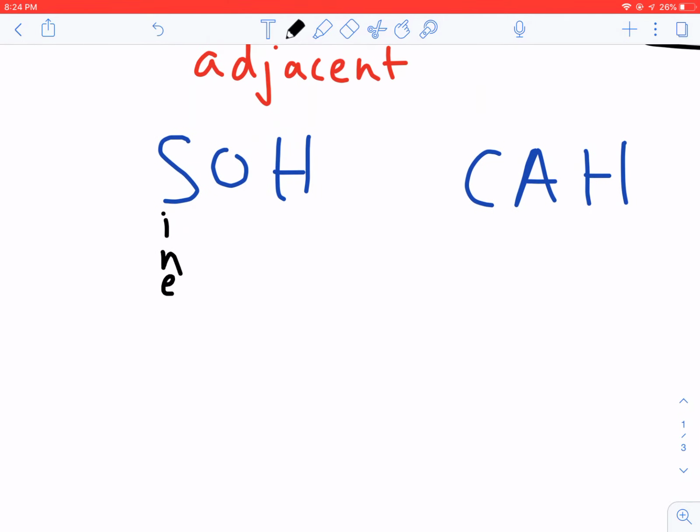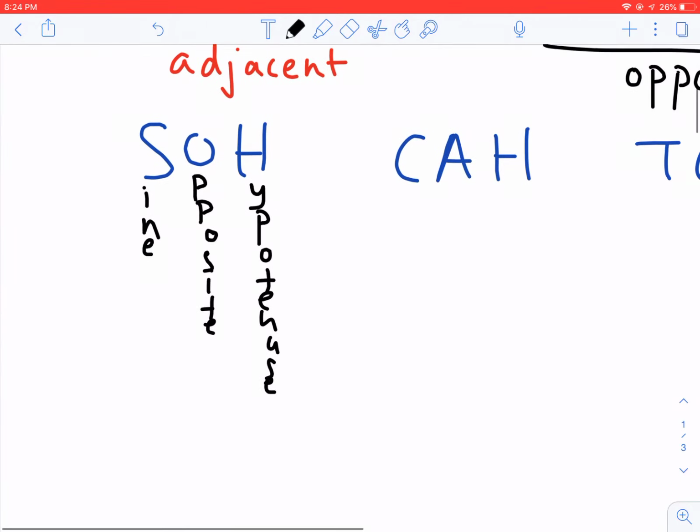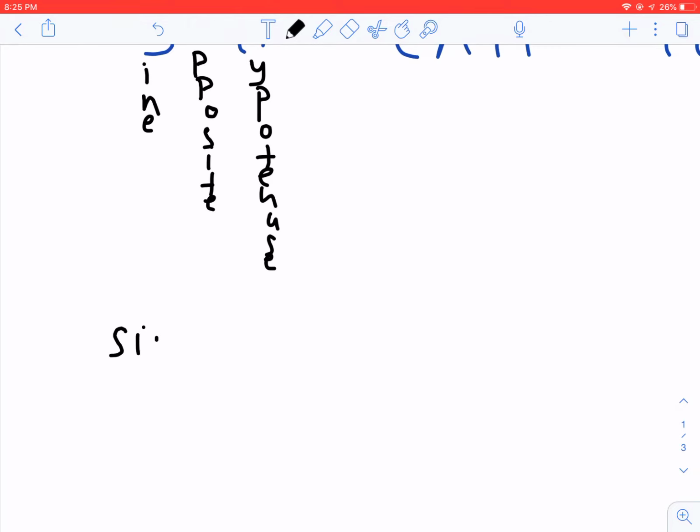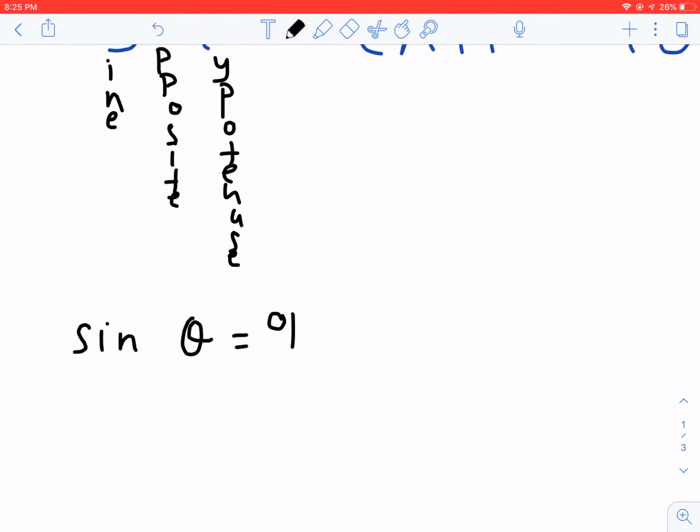And sine is going to be the relationship between the opposite side length over the hypotenuse. So we say that sine of an angle is equal to the opposite side length over the length of the hypotenuse.